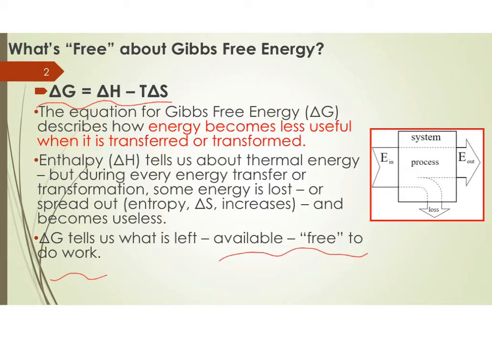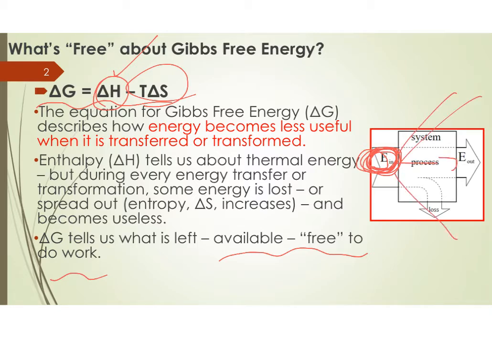One way to classify energy is either thermal energy, which we call enthalpy, and entropy. We have also learned that energy may start in a very concentrated fashion, but then as it's either transferred or transformed, it spreads out due to entropy.